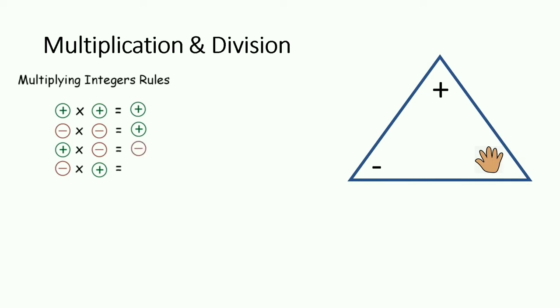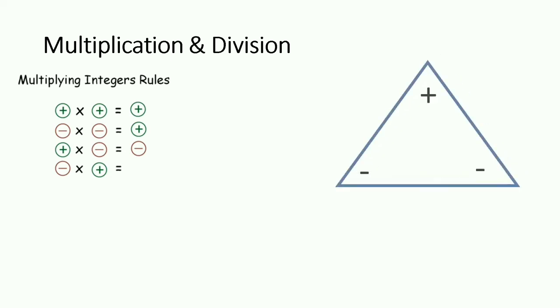Similarly, if I wanted minus times a plus, I take the same triangle and place a hand over the sign which caused me to expose just a minus and the plus, like this, so that the result of multiplying a minus and a plus would be that sign below the hand, which is a minus.